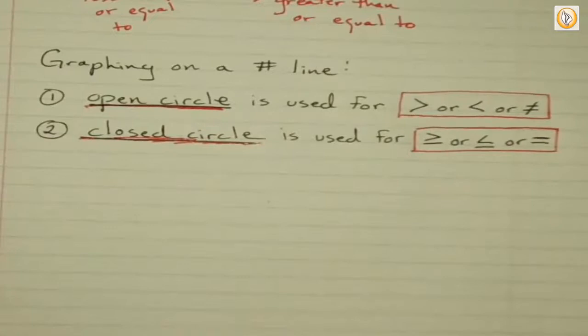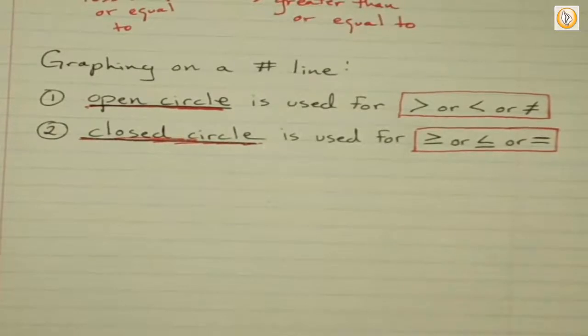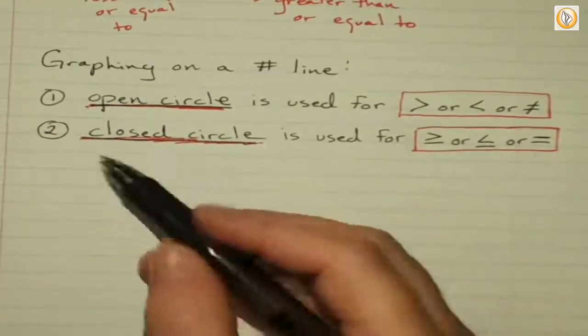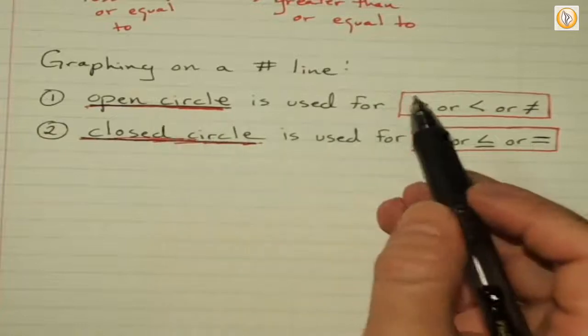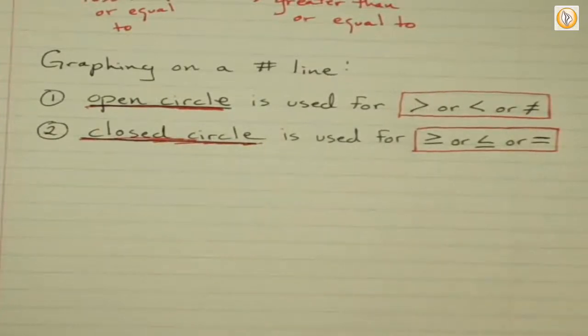So we're going to use a closed circle on the number line if our problem has one of these. So open circle on the number line if it's one of these, closed circle if it's one of these.